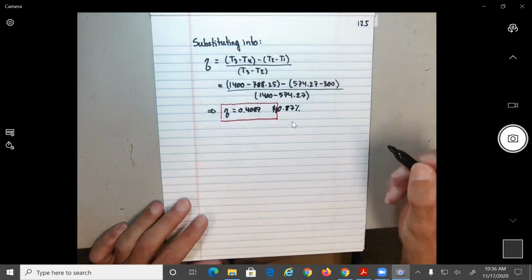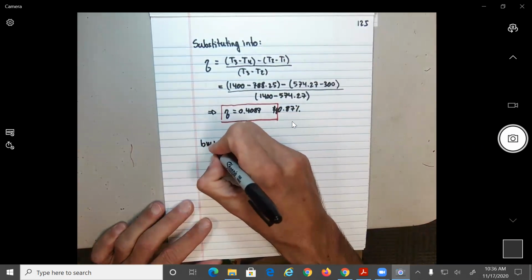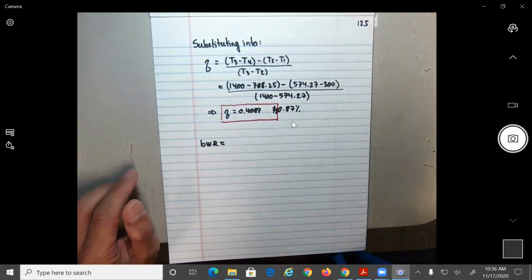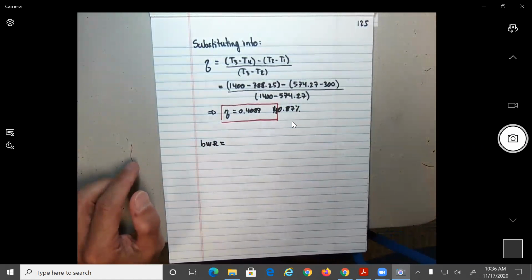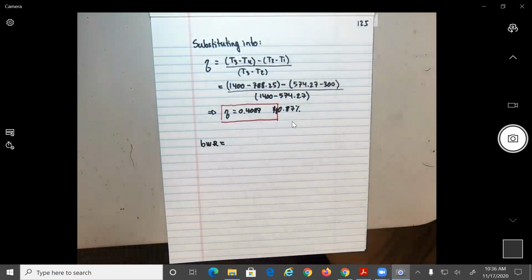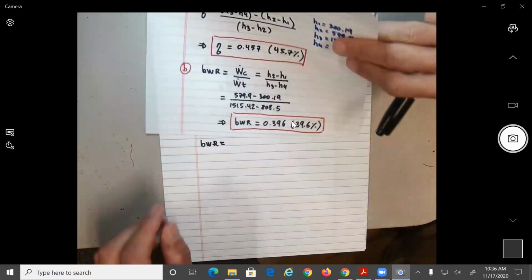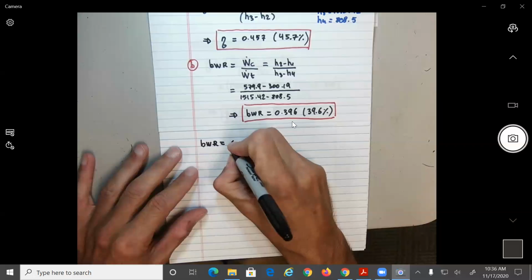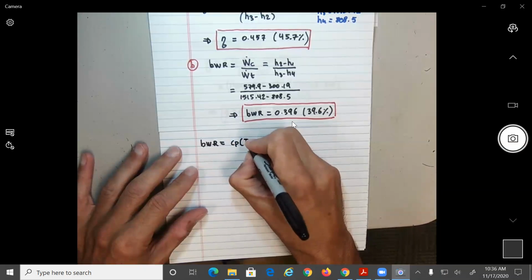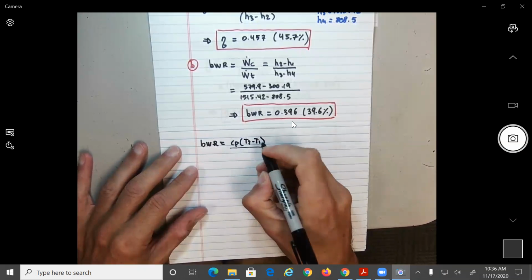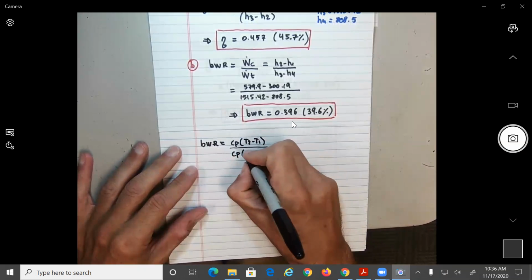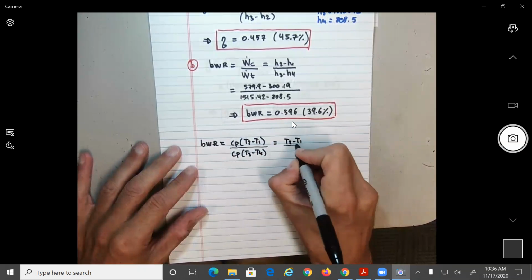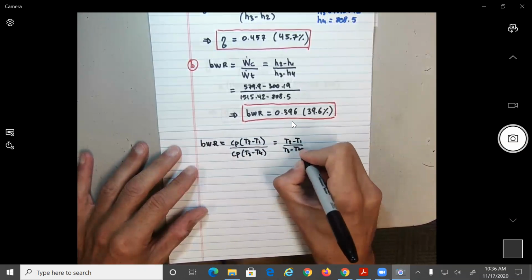All right, let's do the other ones. The back work ratio. Before we had that it was equal to 0.5. There we go, back work ratio. Then if we use this expression, it should be equal to what? Cp (T2 minus T1) divided by Cp (T3 minus T4). So it's equal to (T2 minus T1) over (T3 minus T4).